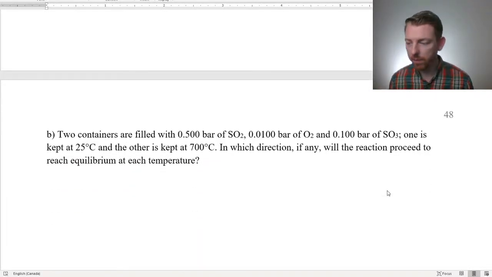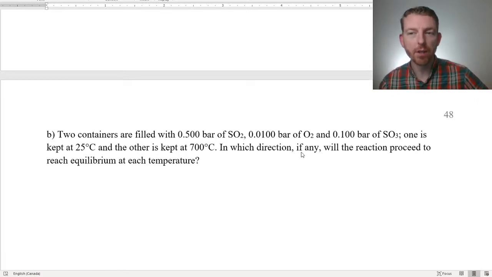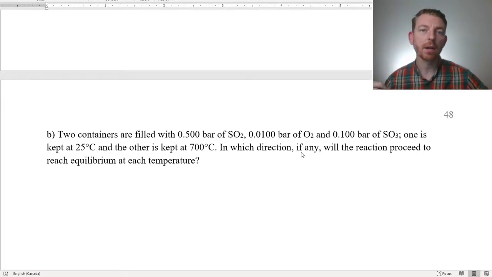Okay, so let's keep going with this question. So now we're talking about actual containers filled with measurable pressures. So this is where we want to start thinking about how does Q enter the picture. So remember, we have Q as a ratio of pressures or concentrations of the reaction as it proceeds that are anything outside of equilibrium.